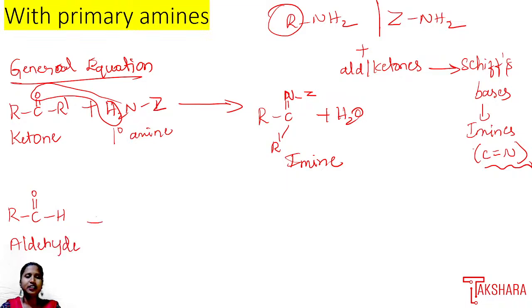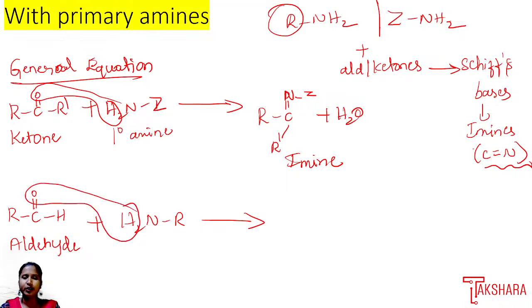When aldehyde is treated with a primary amine such as RNH2, a water molecule is removed and we get the product RC double bond NR, which can also be written as RC double bond NR with a hydrogen atom attached, which is called an imine.